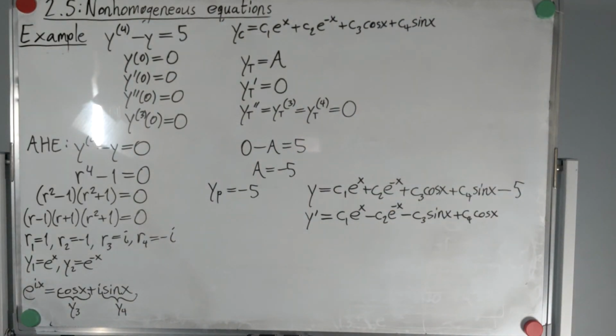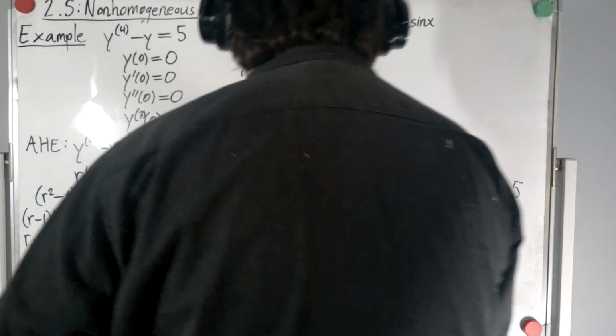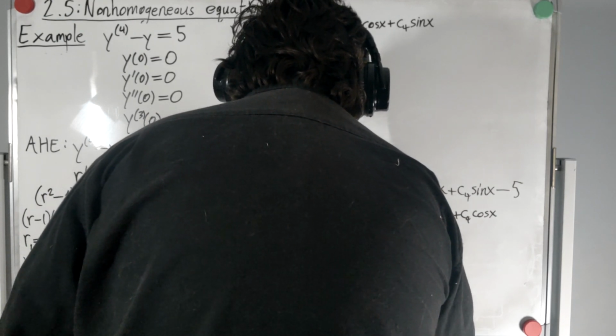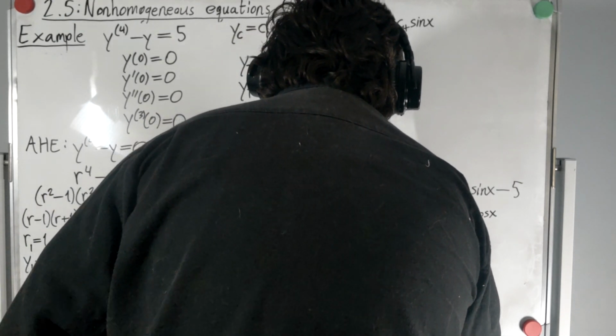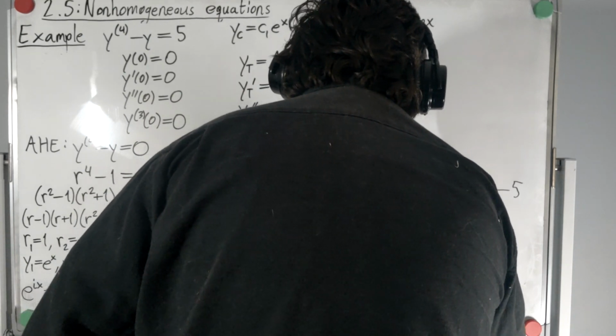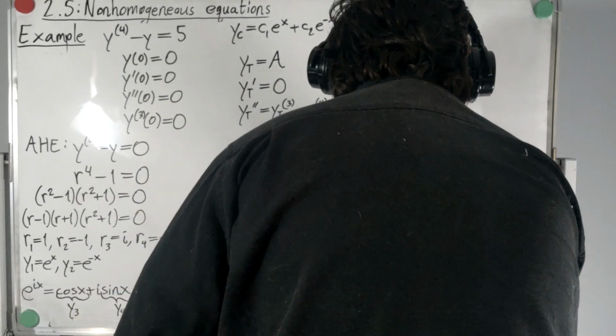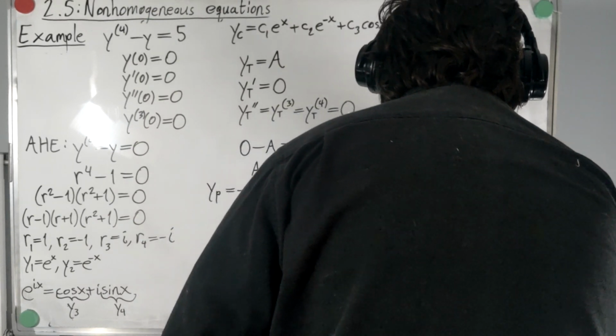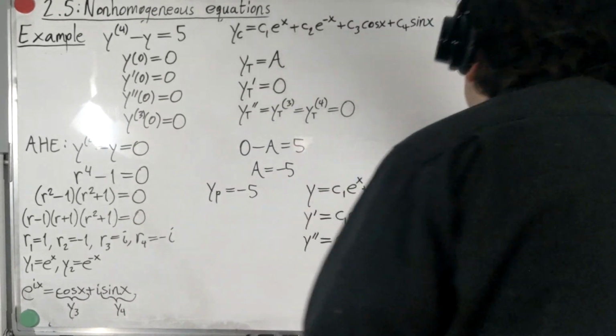And the derivative of negative 5 is just 0. The second derivative is c1 e to the x plus c2 e to the negative x minus c3 cosine x minus c4 sine x.